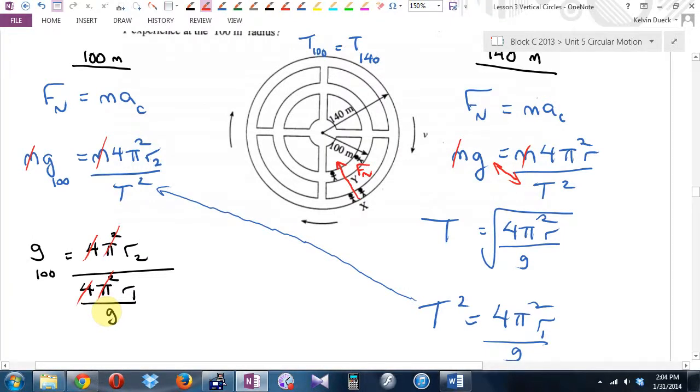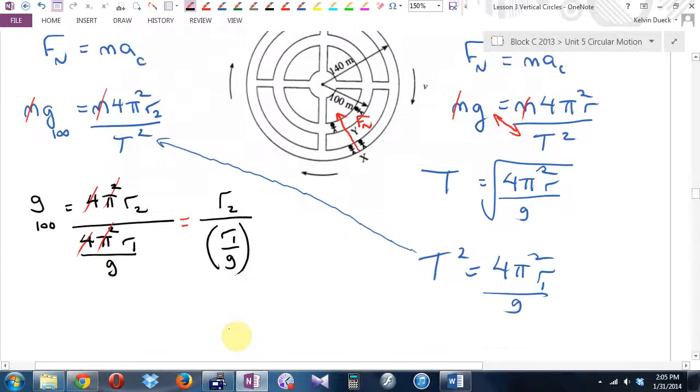So I think I'm going to get R2 over... How do I divide by a fraction? Who remembers their math 8? Because I am dividing by a fraction.